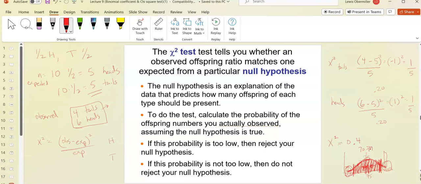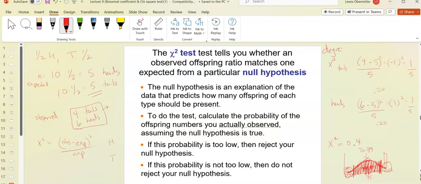Unless you're a big fan of calculating areas under curves, which you need calculus to do, because this area only changes based on the number of outcomes, and we call that the degrees of freedom, then we can use a table because the area doesn't change. The only thing that changes is the degrees of freedom, and that changes the area under the curve, so we just use different numbers for that.